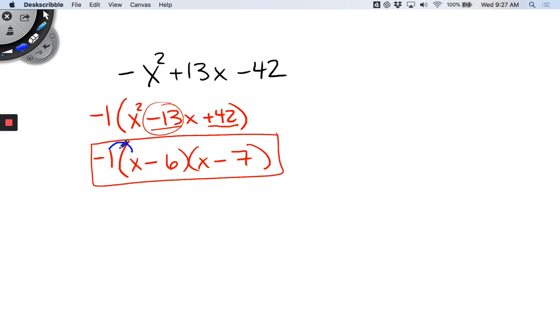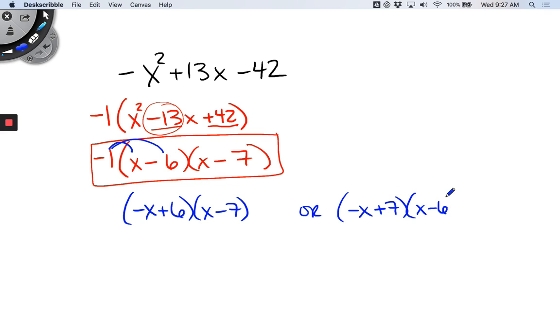If they distribute the negative 1, they're only going to do it through one of the terms. So it would be like negative x plus 6 times x minus 7, or it could be negative x plus 7 times x minus 6. So just know those answers could look a little bit different. And that's it for factoring.